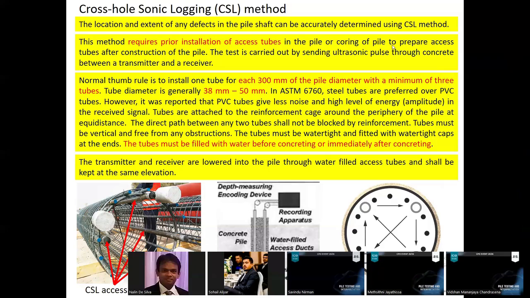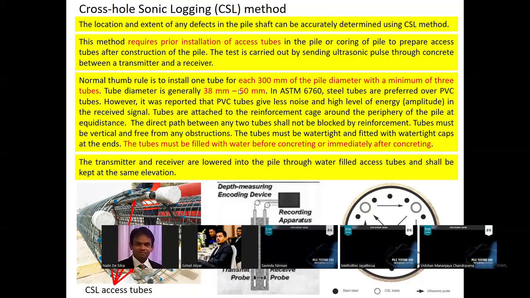So if your pile has a diameter of 1.5 meters, you need a minimum of 5 tubes, right? That is the thumb rule. 38 millimeter to 50 millimeter, either PVC or steel tubes, are used. Generally we use 38 millimeter tubes. And this test method has been standardized under ASTM standards.